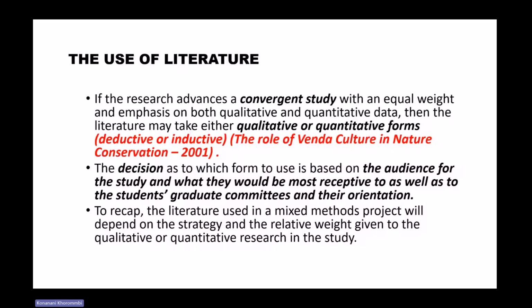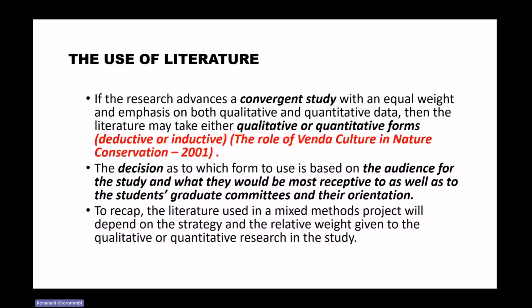The decision as to which form to use is based on the audience for the study and what they would be most receptive to, as well as the student's graduate committee and their orientation. You see, who you are writing for, because you don't write for yourself, must dictate which strategy you need to use. So in other words, even the method and the approach.